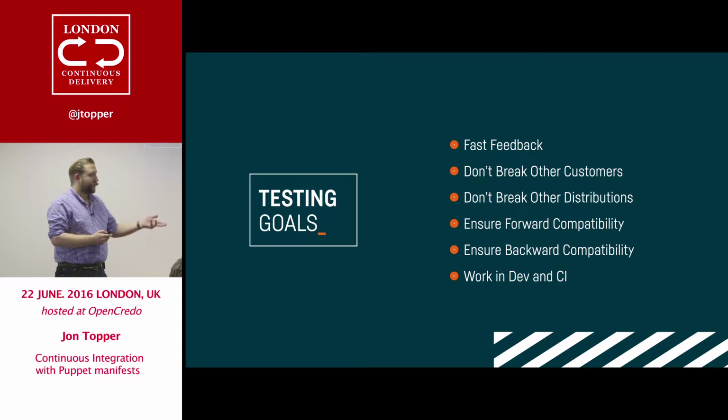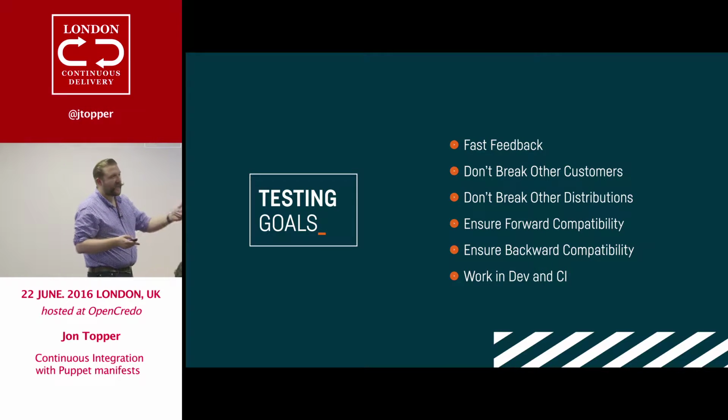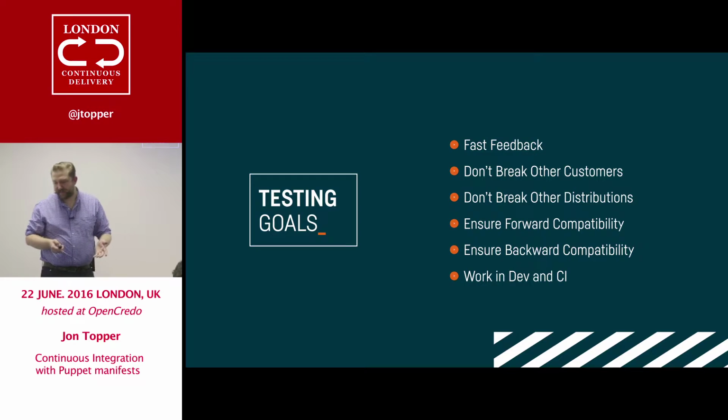We also want to ensure backwards compatibility, so as we modify some of the Puppet manifests, the Puppet modules that we're using, we want to make sure that they still retain some of the features that they had in the past if we haven't deprecated them.